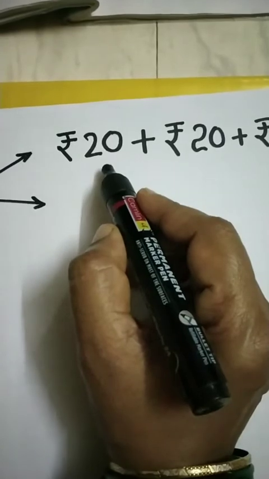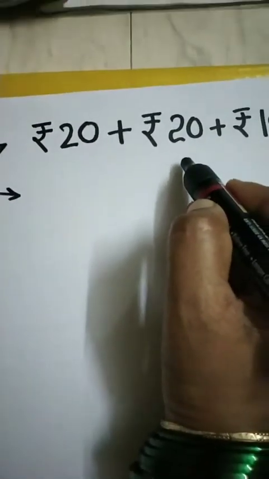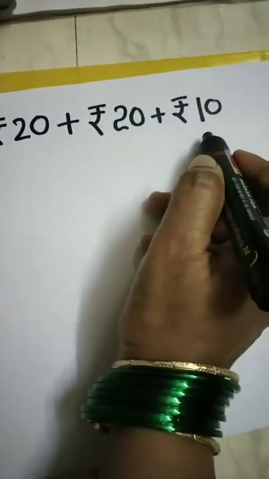What is the another option? This 20 rupees you can split into 2, 10 plus 10. This 20 also you can split into 2, 10 and 10, and plus 10.